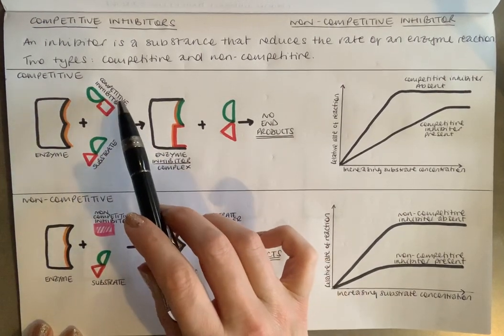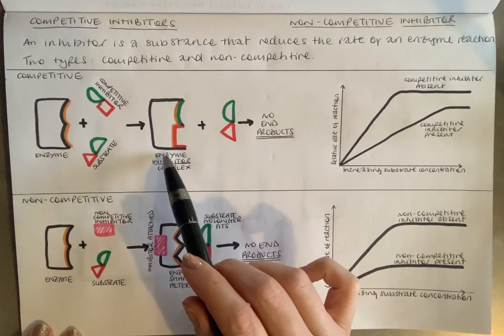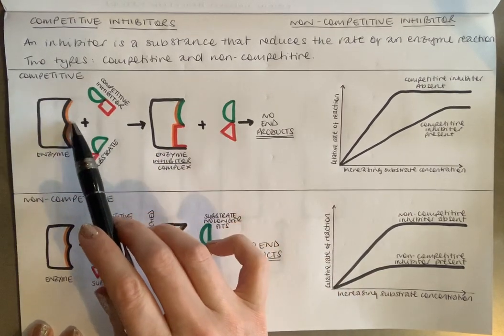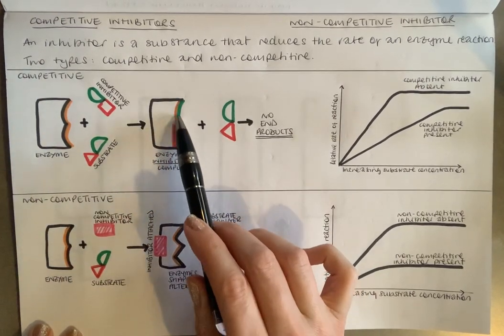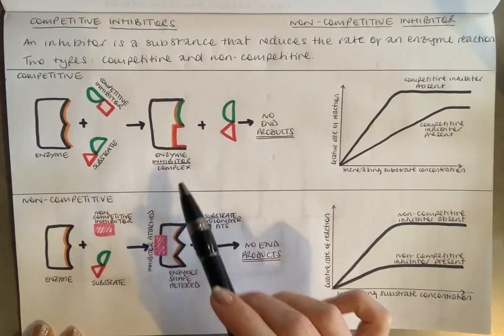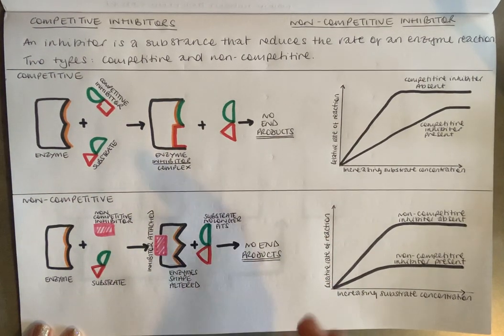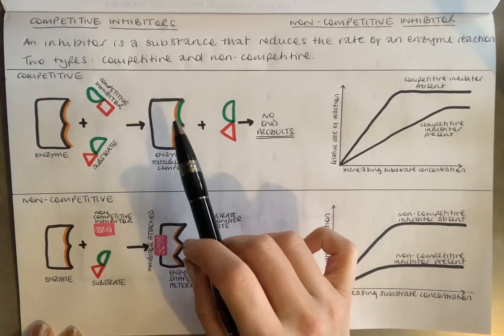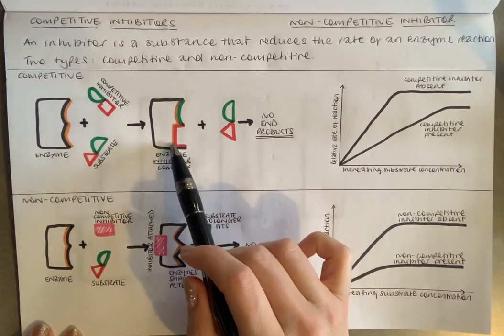So the competitive inhibitor binds on to the enzyme's active site, and therefore creates this enzyme inhibitor complex. Just as we discussed previously about the enzyme substrate complex, the inhibitor can bind on.